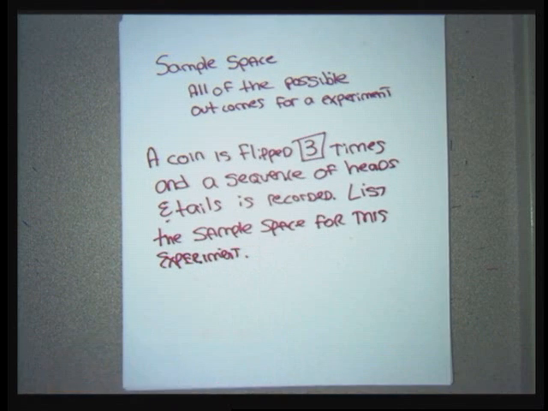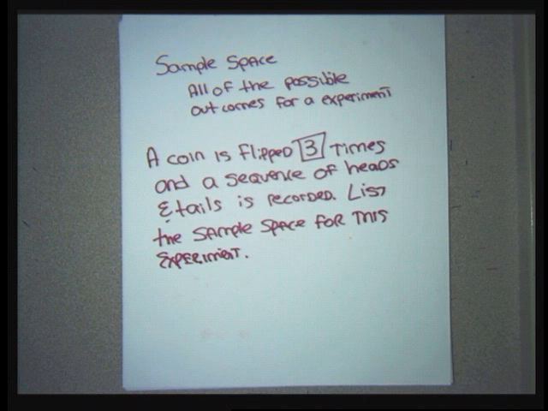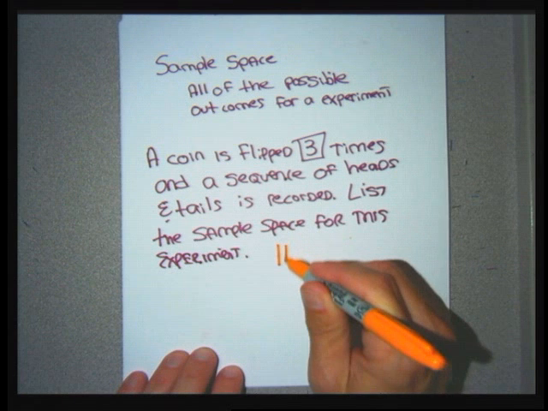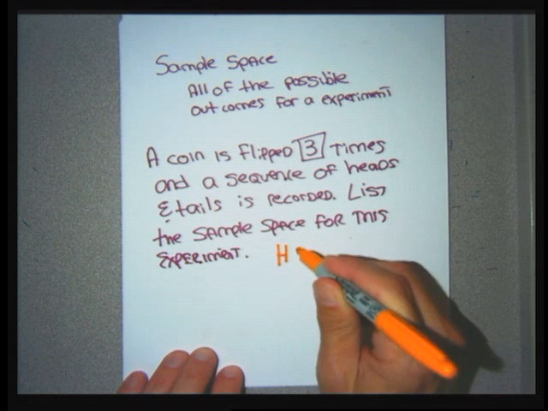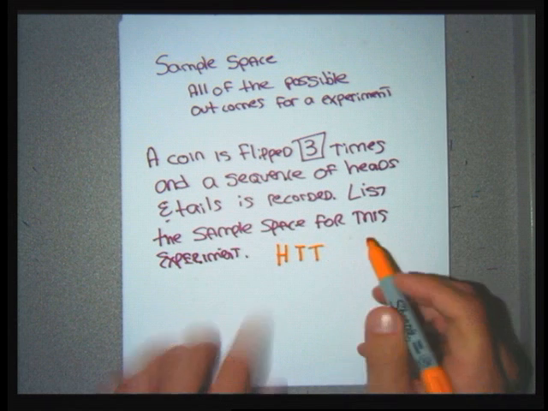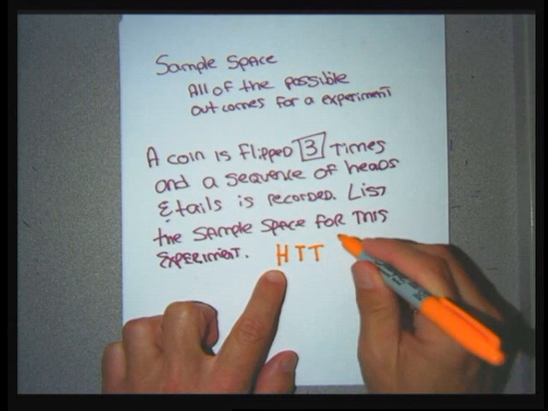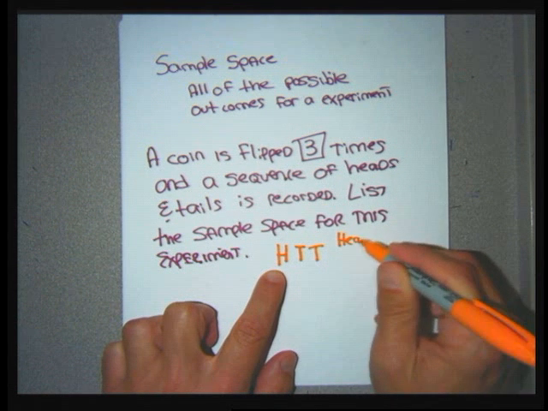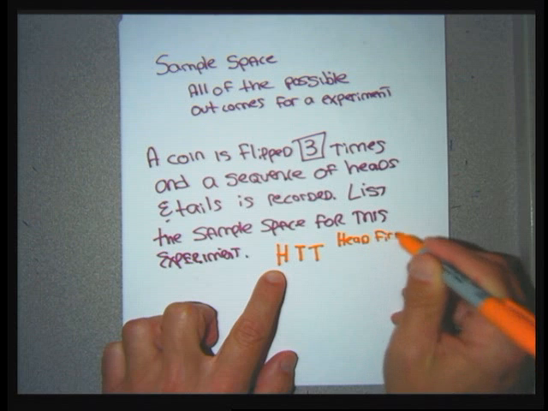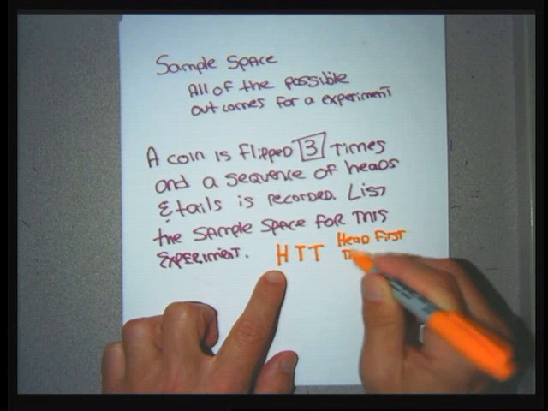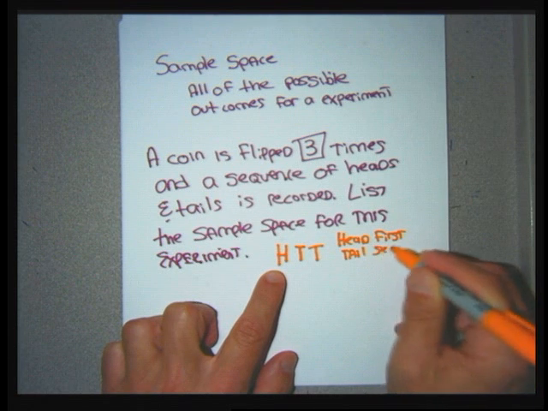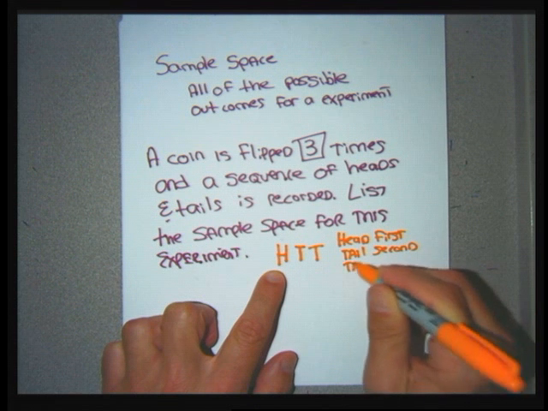If you've never done this before, then this might be a hard question for you to answer, but let me give you an idea of what an element or two in the sample space would look like. If I wrote something like this, H, T, T, this would represent getting a head on the first flip, and a tail on the second flip, and a tail on the third flip.